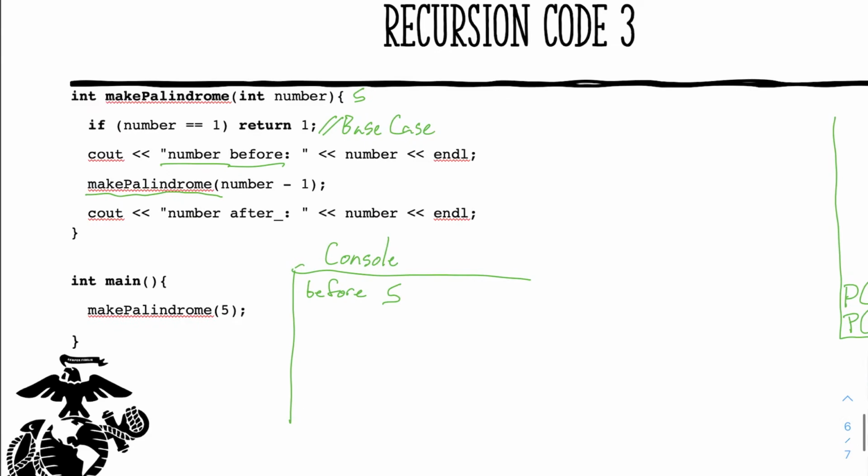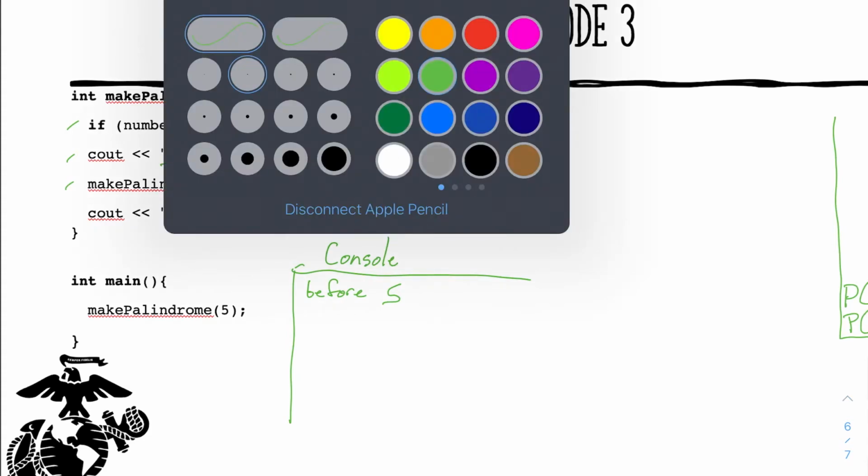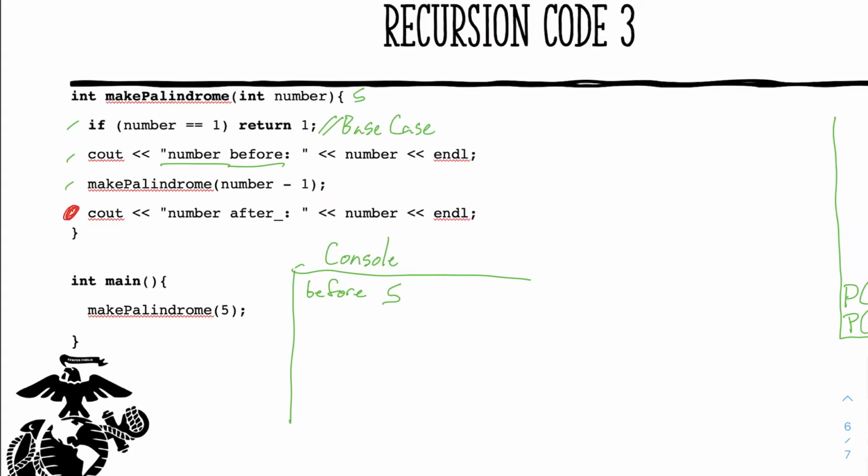But let's think about this. We just finished this line of code. We didn't finish it, but we checked it, so we satisfied it. And then we went to this line of code and we executed it, so we satisfied it. And then we did this line of code, but that line of code hasn't come back yet. So notice that this line of code here is left out. It has not been executed yet.